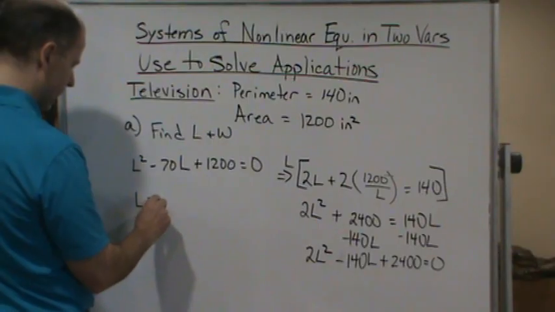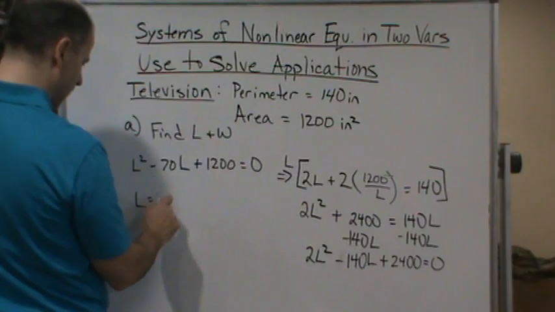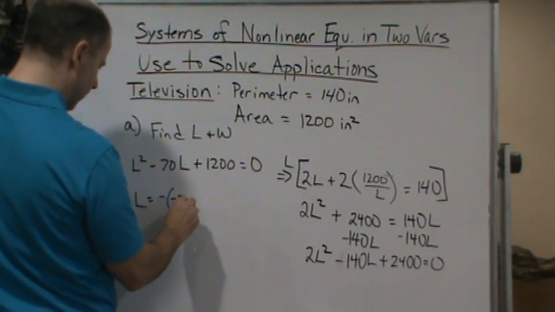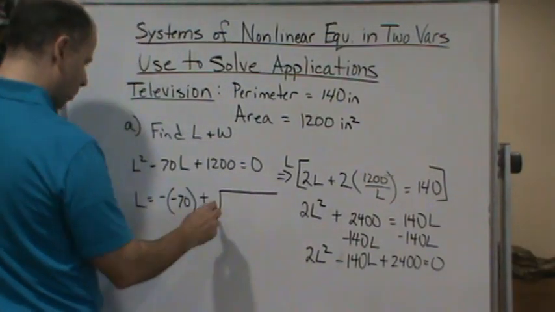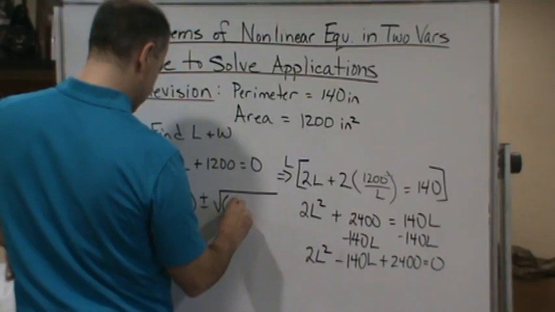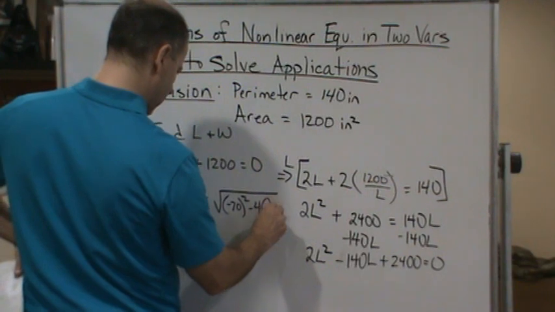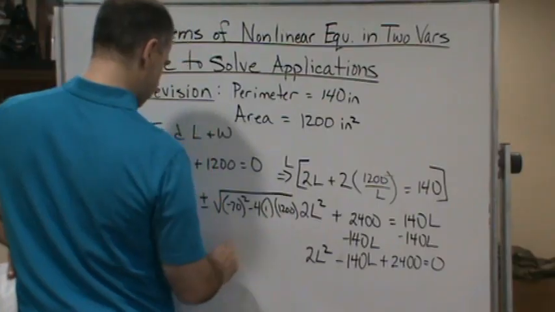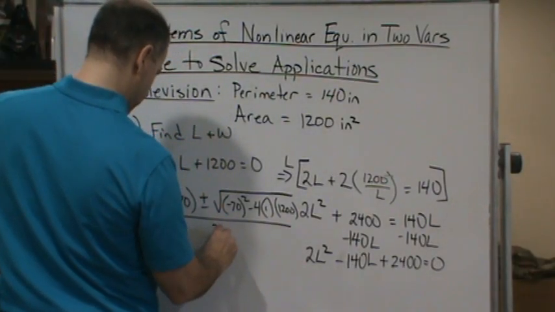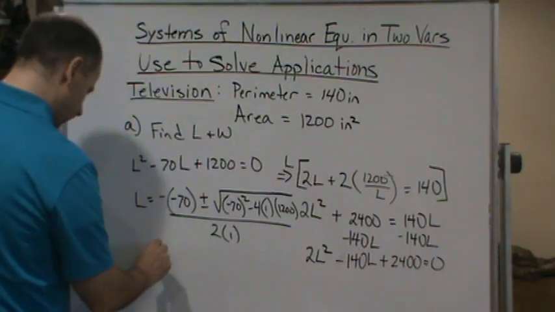So now L is going to equal negative b, which is the negative of negative 70, plus or minus the square root of b squared, so negative 70 squared, minus 4 times a, which is 1, times c, which is 1,200, all over 2 times a, which is 1. Now I'm going to simplify.